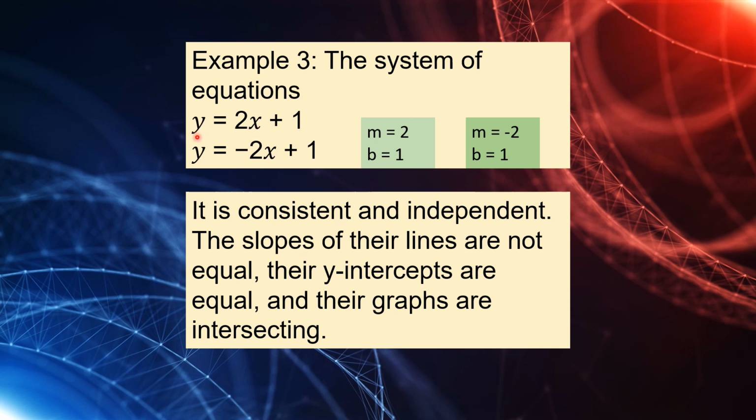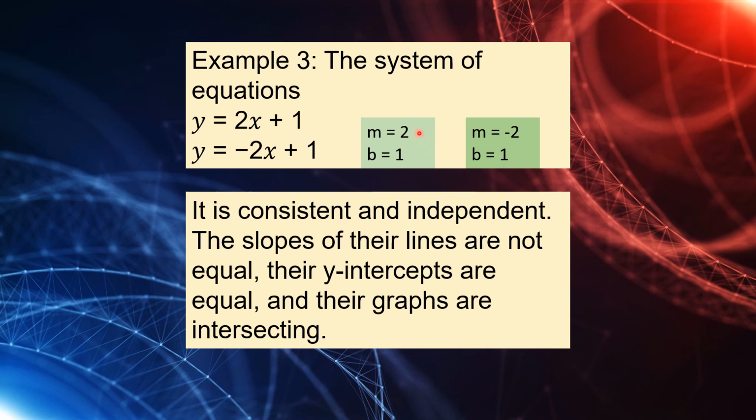In the first equation, our slope or m is positive 2, and the y-intercept is positive 1. For the second equation, our slope is negative 2 and our y-intercept is positive 1.